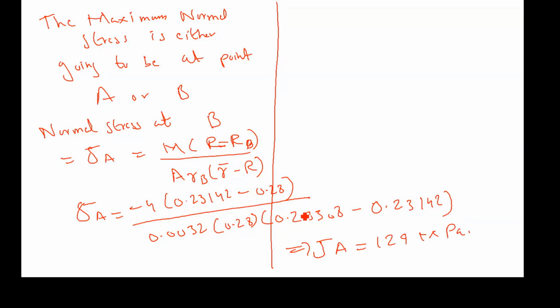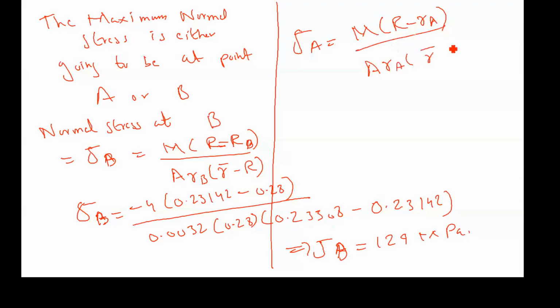Sorry, this is sigma B. And for sigma A, the formula will be equal to M into R minus R A divided by A into R A into R bar minus R. When you put the values, sigma A is going to become equal to minus 116 megapascal.